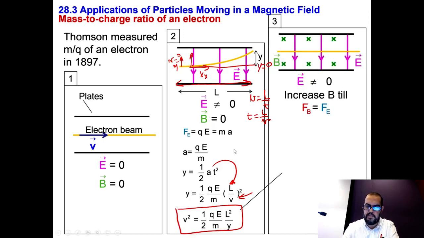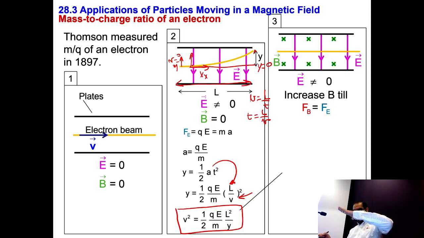We turn on the magnetic field, and we increase it until the electron comes back to the middle of the screen. Remember, it has deflected by amount y. When I achieve that, that means now I have a velocity selector because the electric force and the magnetic force cancel each other.